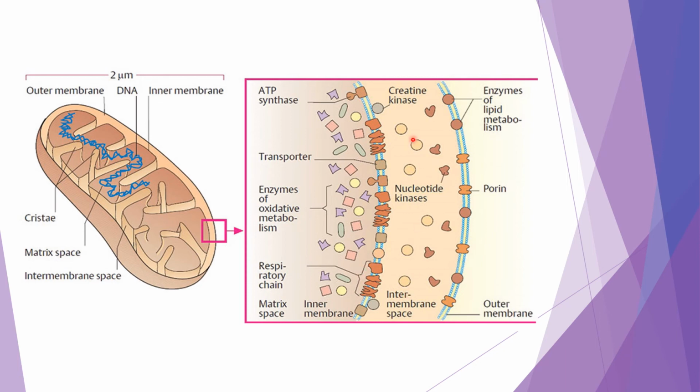And here, the inner membrane will filter the molecules and pick up only those molecules that are required for ATP synthesis. So basically, this is how the energy production happens within a mitochondria.